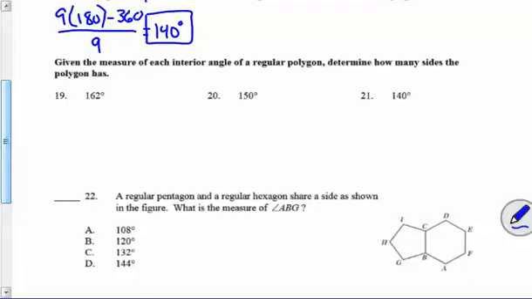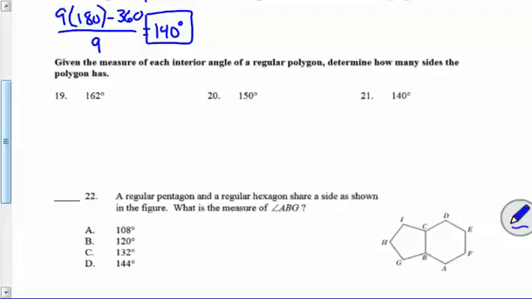So this next problem talks about the interior angles of a regular polygon. I've been given the interior angle, and I want to figure out how many sides there are. Well, we just did that when I was given exterior angles. It was 360 divided by the exterior angle. A very simple formula.